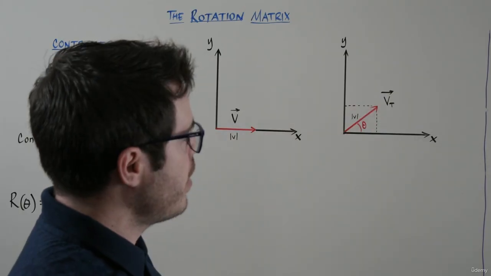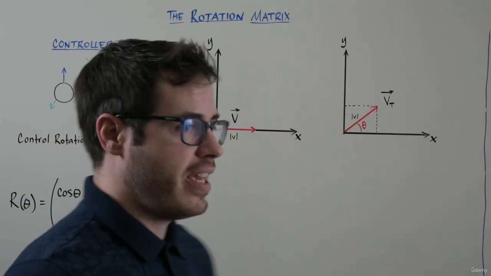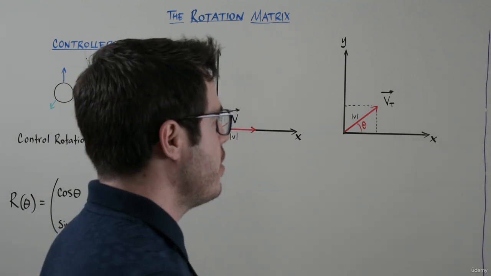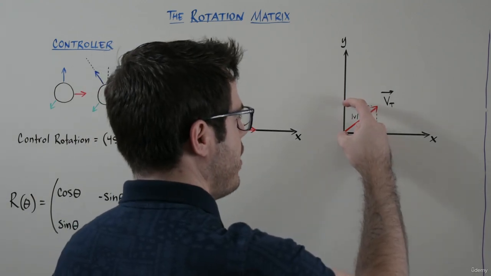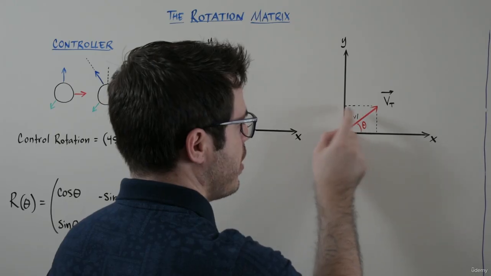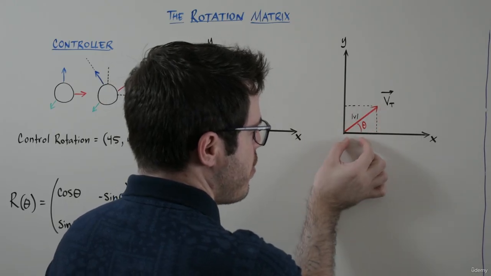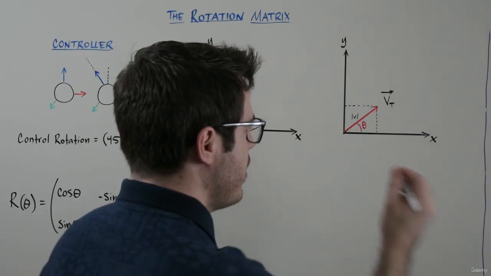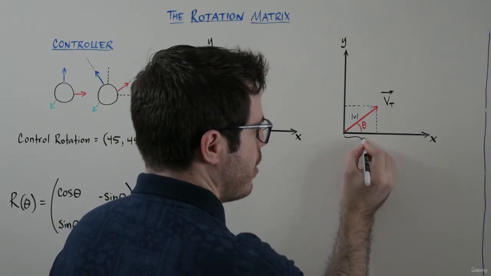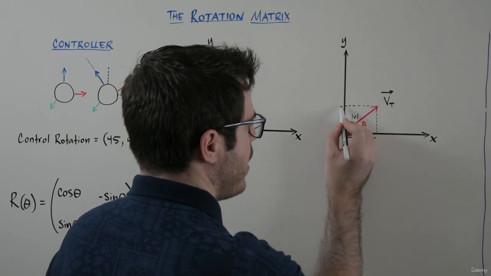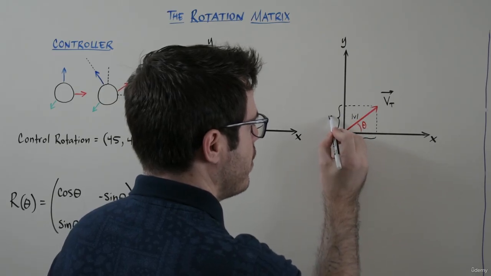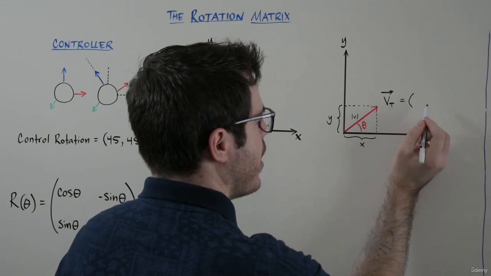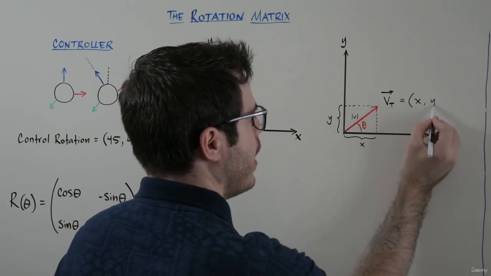So we've rotated the vector by theta, and in order to calculate this new vector's x and y components, we need to know this particular length, in other words, the y component of this vector, and we need to know this particular length, which is going to be its x component. So we can say that this length here is x, and this length here is y, where our new vector, v sub t, has x and y components, x and y.